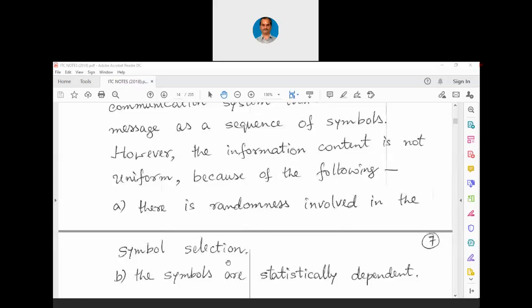But on the body of the tree, at which part it is going to have a bud and a fruit, we don't know. That is random. This way in nature, there is randomness everywhere, and at the same time planning also everywhere. So we should say nature is randomly planned, or planning is done randomly. Both are applicable. So there is randomness involved in the symbol selection, because our communication sources deal with natural information.